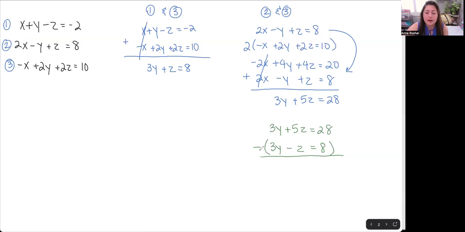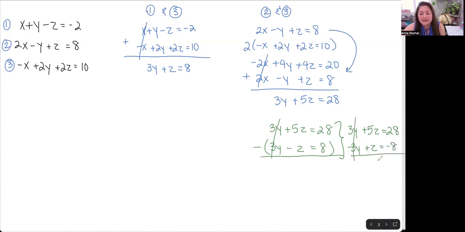So I'll go 3y minus 3y, and that'll cancel. And then I'll have 5 minus a negative z. So options are I can leave it like this, or I can even go in and distribute this negative. So the first equation will stay as is, but the second equation, we're going to have our negative distributed.